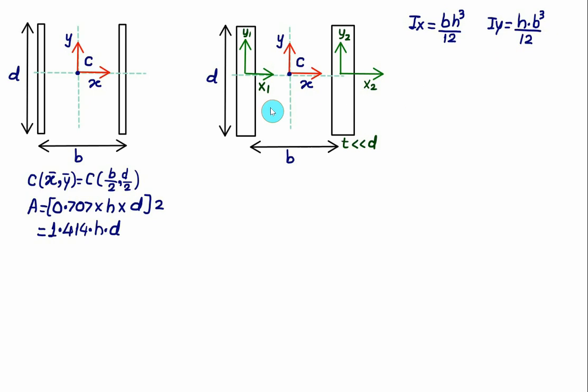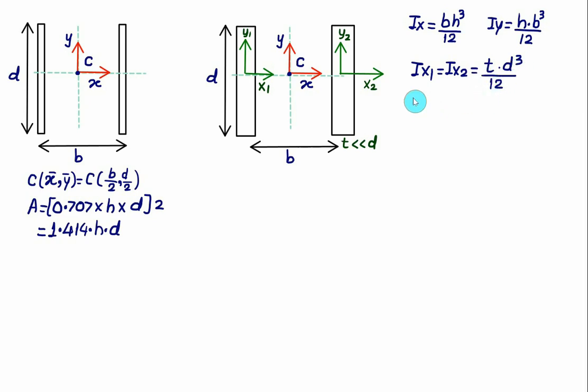So Ix1 and Ix2 have identical values. Ix1 is equal to Ix2, which is equal to b, where the breadth is T, into height, where the height is D, that is T D cube divided by 12.